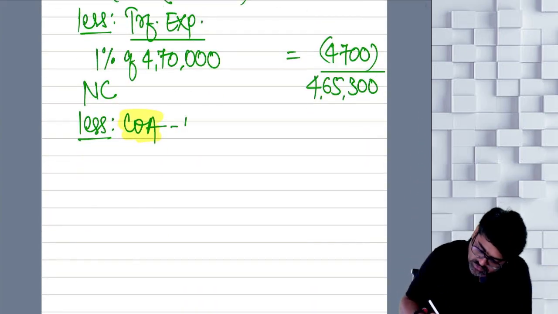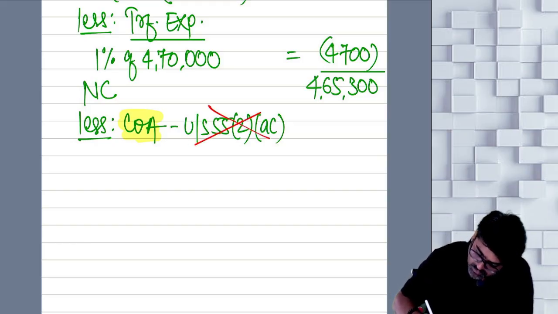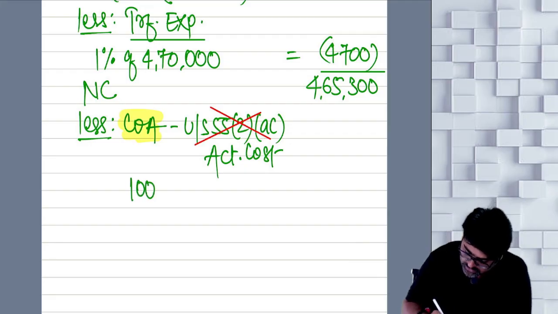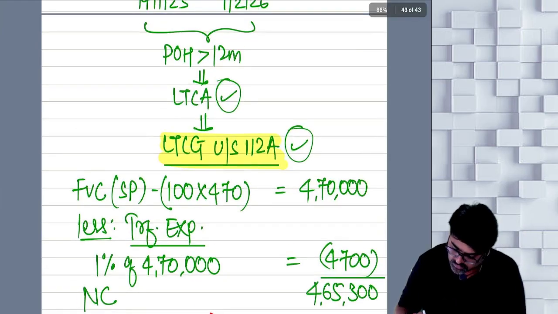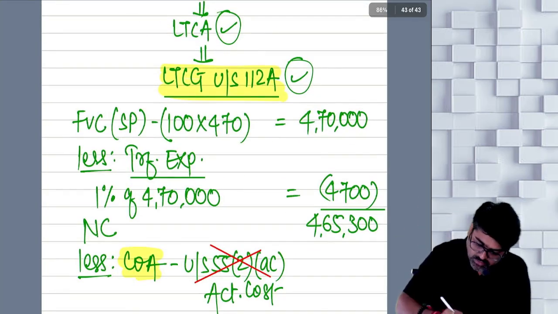Cost of acquisition under section 55 to AC, the answer is no. This will be nothing but your actual cost. And what is your actual cost, sir? 1000 shares you acquired for, this is 1000 into 470, you have done 1000, no?